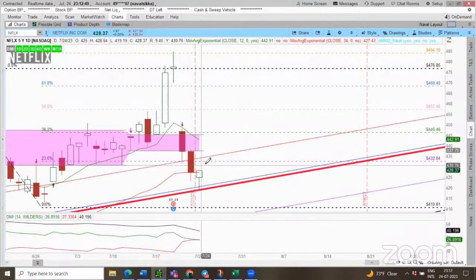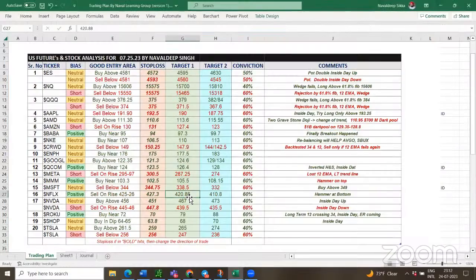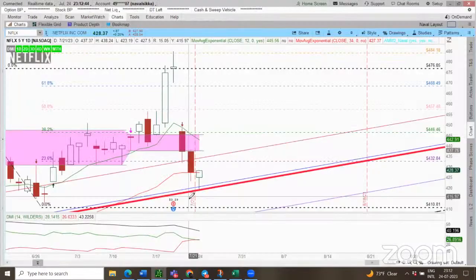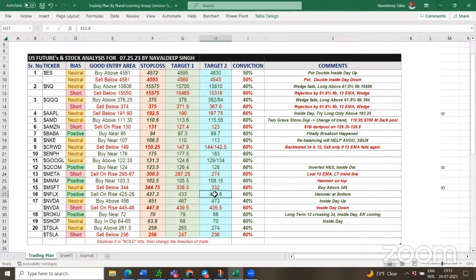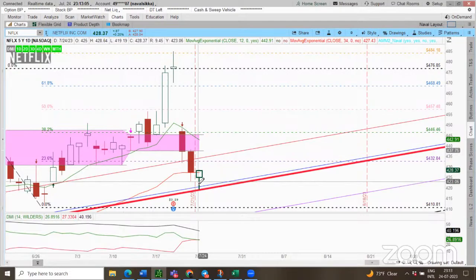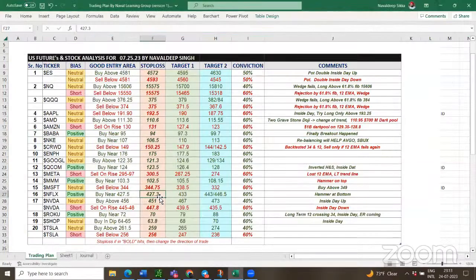My target is 433, 443, 446.5. Buy near 427.50. If you want to take a better stop loss, it is 423.